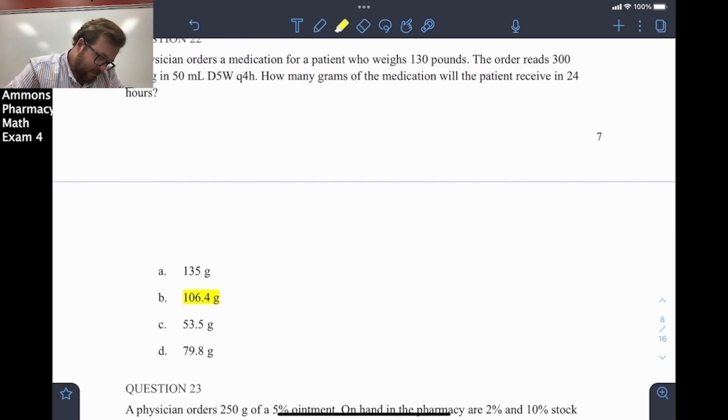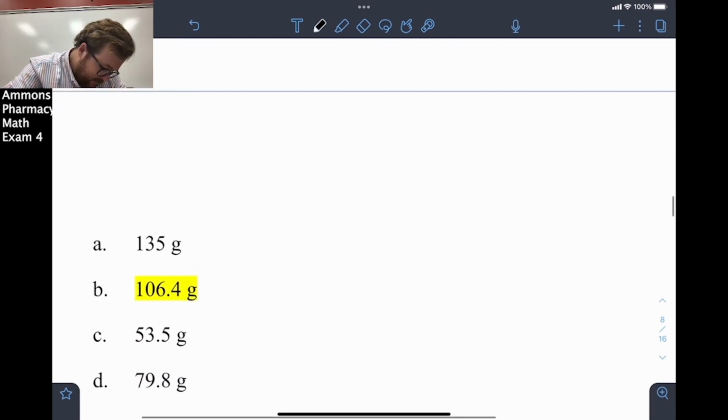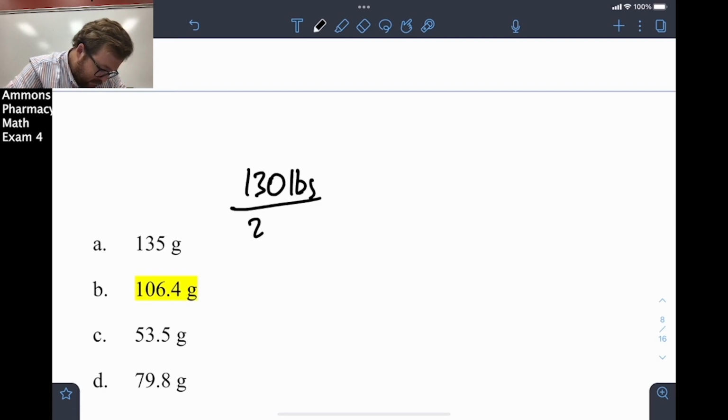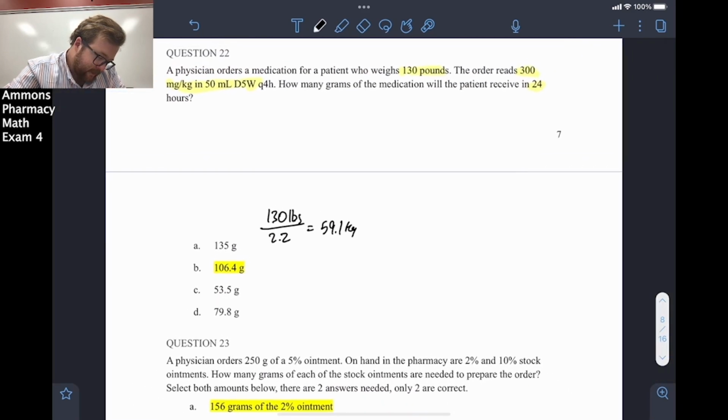Weight-based, 130 pounds. 300 mg per kg and 50 of D5. How many will we receive in 24 hours? So I have 130 pounds. How many is he getting per kilo?